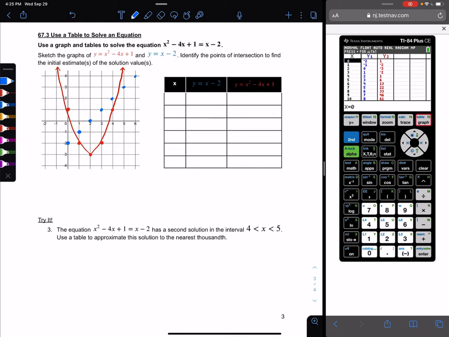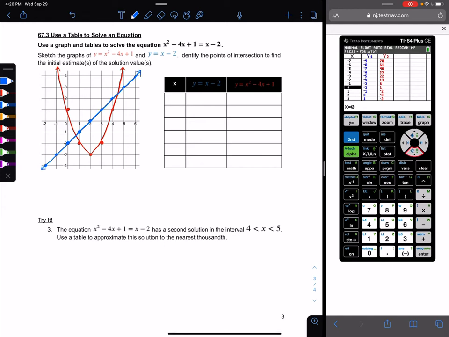If I wanted the other points, all I need to do is hit the up arrow and scroll. So if I wanted negative 1, I could find negative 1, negative 3, and negative 2, negative 4. Anytime you're looking for more numbers, you have the ability to scroll. I'll also show you how to change that if you're dealing with much larger numbers that aren't close to 0.